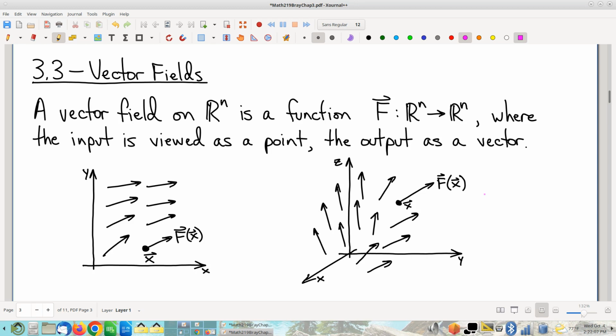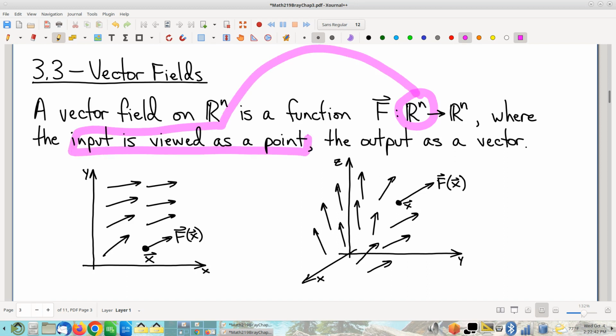So here we go. A vector field is a function of this sort. Specifically, the dimension of the input and the dimension of the output have to be the same. And when we think of such a function as being a vector field, the idea is that we take a particular point of view on it, namely that we view the inputs as being points, such as that point right there in 2 dimensions, or maybe this point right here in 3 dimensions.